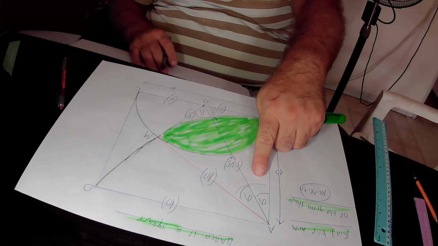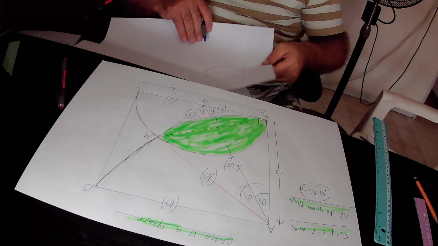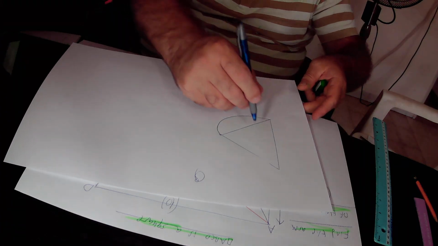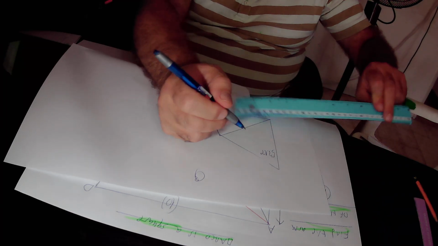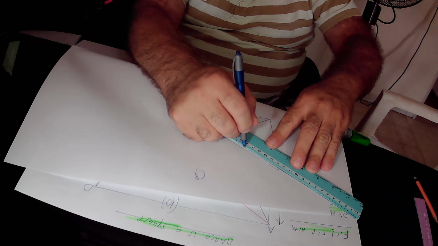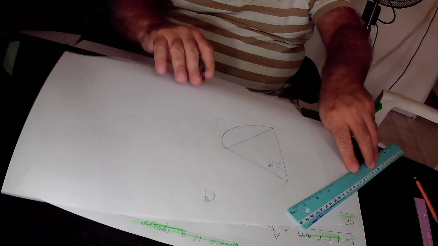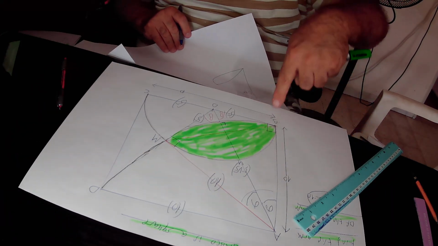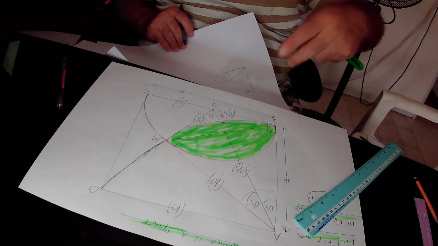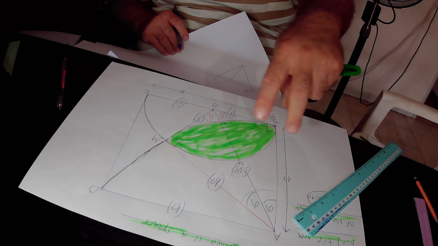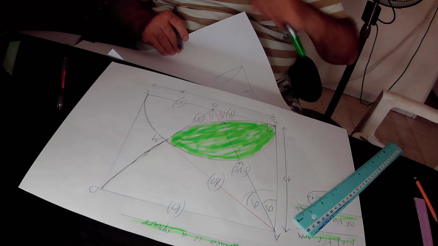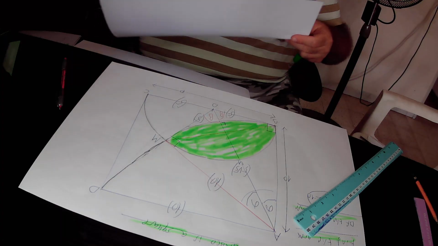This is again 2 alpha, which equals 53.13 degrees. AB equals AM equals 10. Those 2 sides are the radii of the quarter circle. It equals 10 units in length.